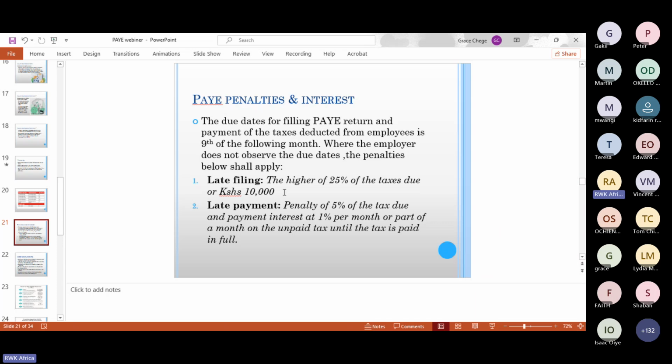For late payment, you get a penalty of 5% of the tax due and interest at 1% per month, or part of a month, on the unpaid tax until the tax is paid in full. So ensure that if you have this obligation, you file and remit your taxes on time, just to avoid penalties and interests.